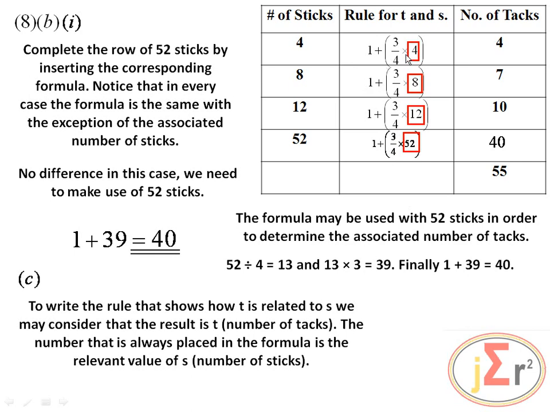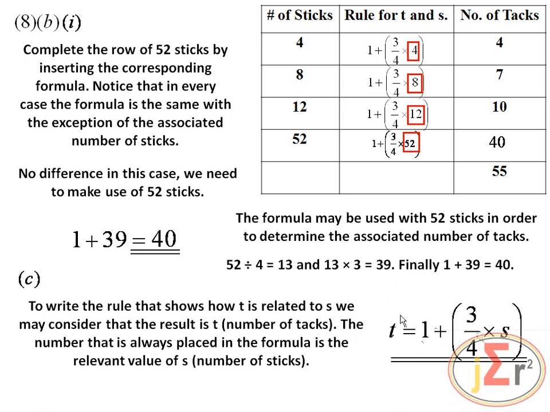What we have here, the values of S. When we work this out, we will get the number of tacks, which is T. Therefore, the value T is equal to, take one of these and insert S, the number of sticks.